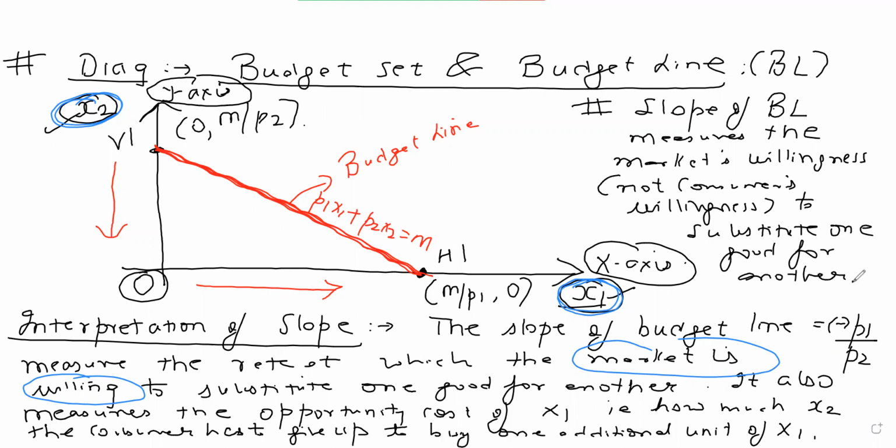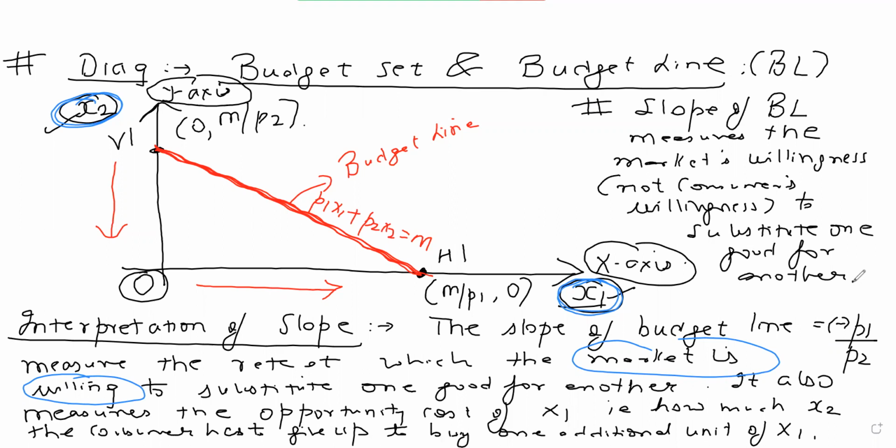This is an important note for perfect clarity. It is going to measure the rate at which the market is willing to substitute one good for another, not consumer's willingness. The consumer's willingness is captured by indifference curves, which are going to come in the coming lectures.